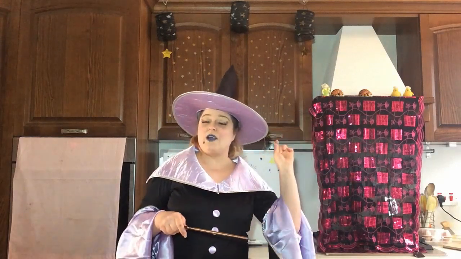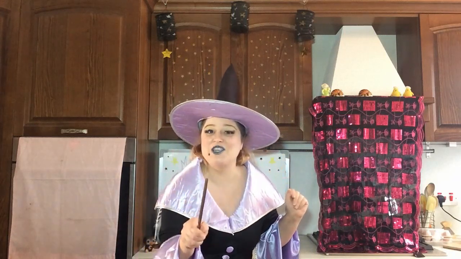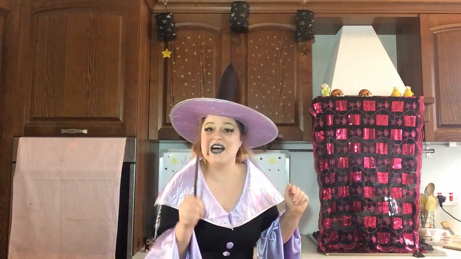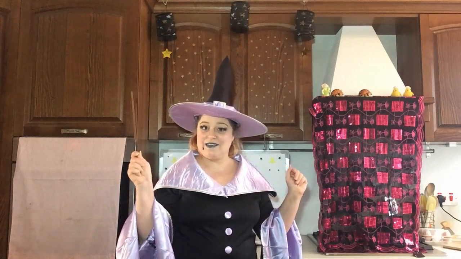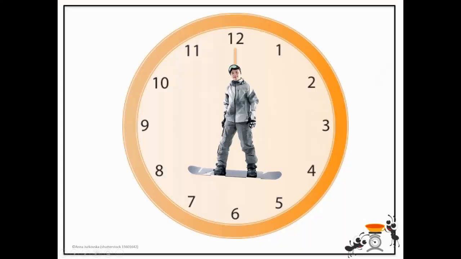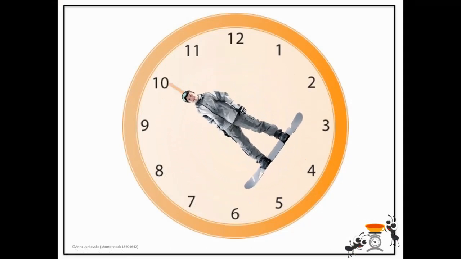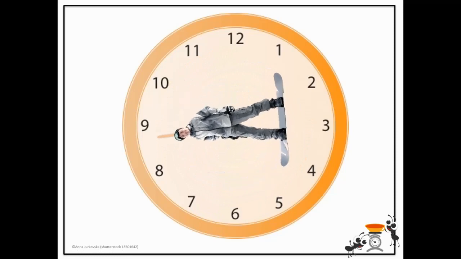Now, we are going to take a look at a snowboarder and we are going to watch him make some turns. Let's watch him now. Watch the snowboarder carefully. How many turns has he made?